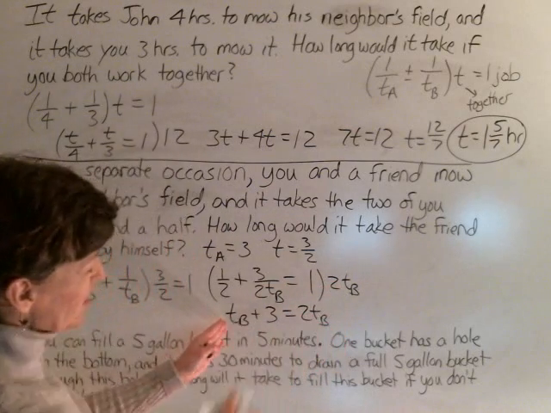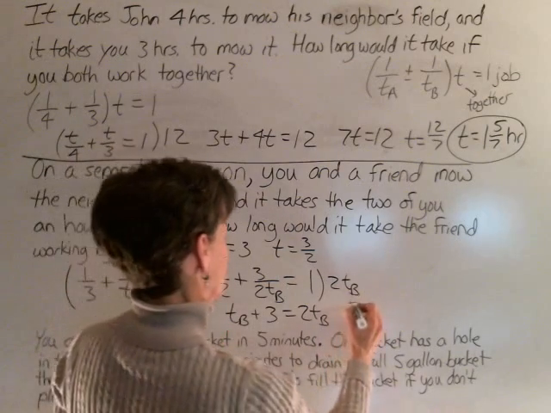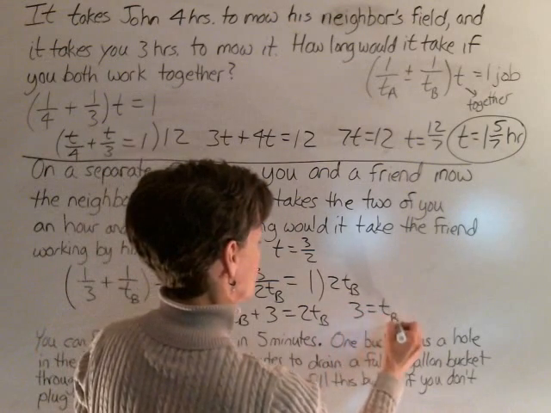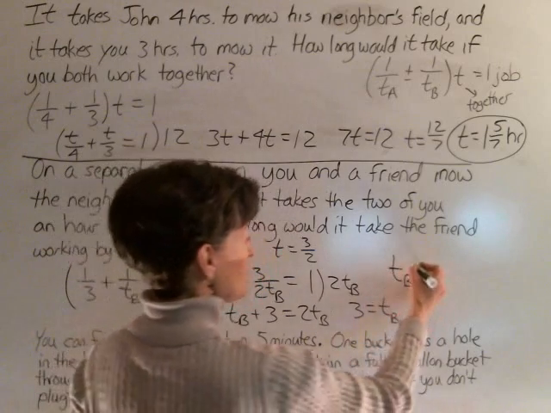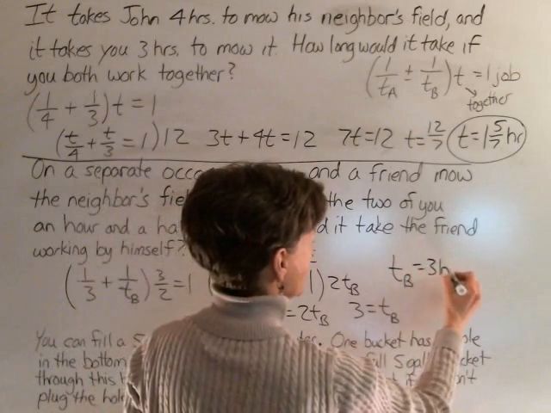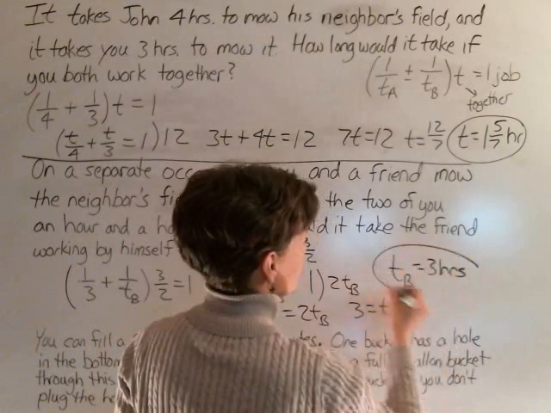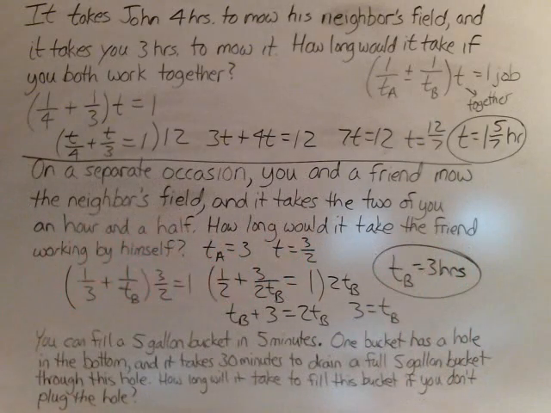Well, now when I subtract TB from both sides, I get that 3 is equal to TB. So the friend's time, working by himself, would be 3 hours as well. And that makes sense. It takes us both the same amount of time, and so we cut our time in half when we work together.